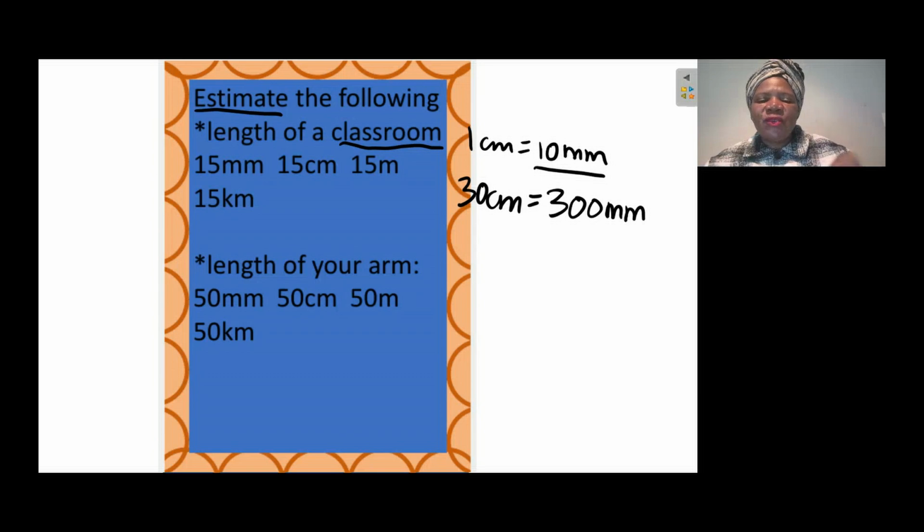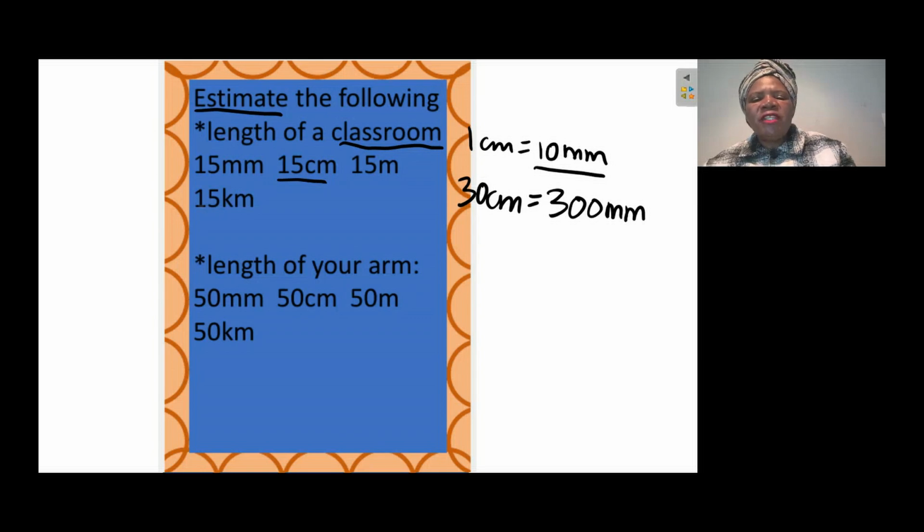Okay, so 15 millimeters, if you look at your ruler, you can see that 15 millimeters is just 1 centimeter and half of the next centimeter, 1.5 centimeters on a small ruler. Then 15 centimeters is half of your plastic ruler, which is quite small.